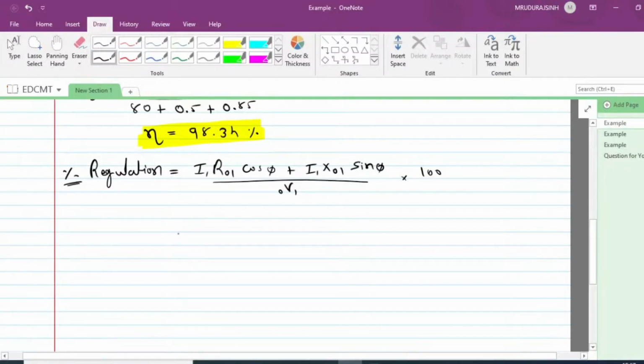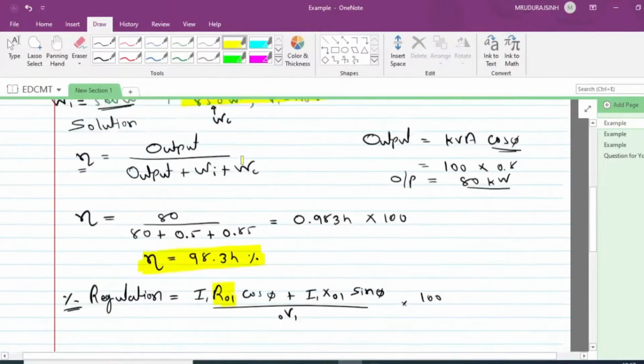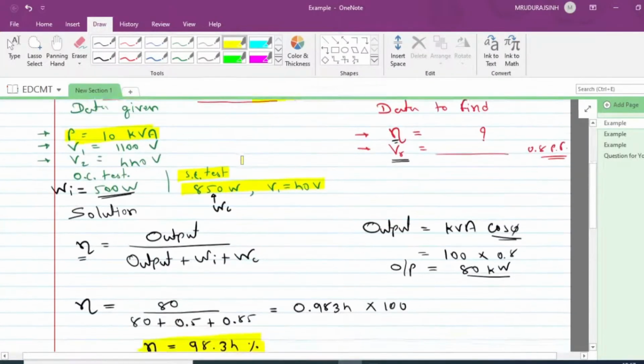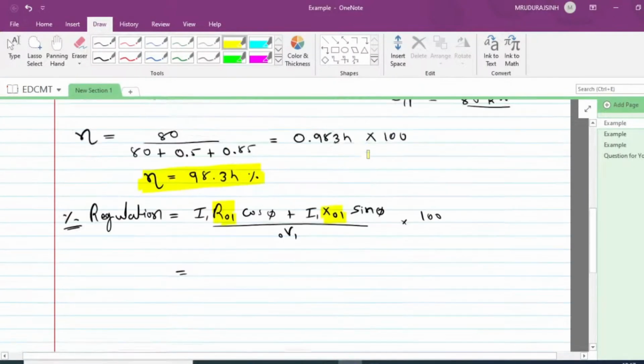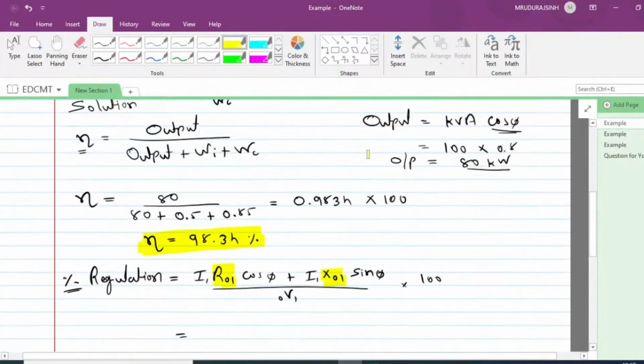Now what we need to do is place the values, right? To place the values we require these things. Do we know R01? Is R01 known to us? No, R01 and X01 are not known to us. So first we need to calculate these. But is I1 known to us? No, I1 is also unknown.